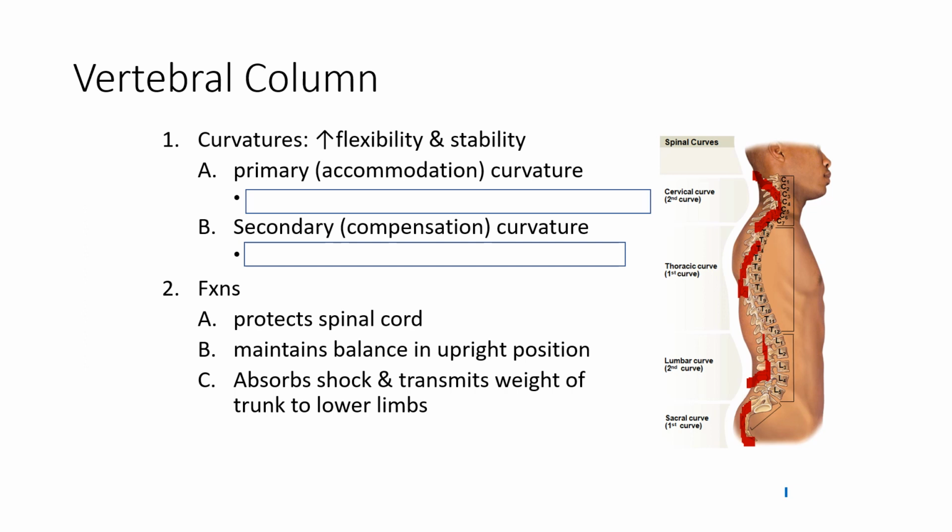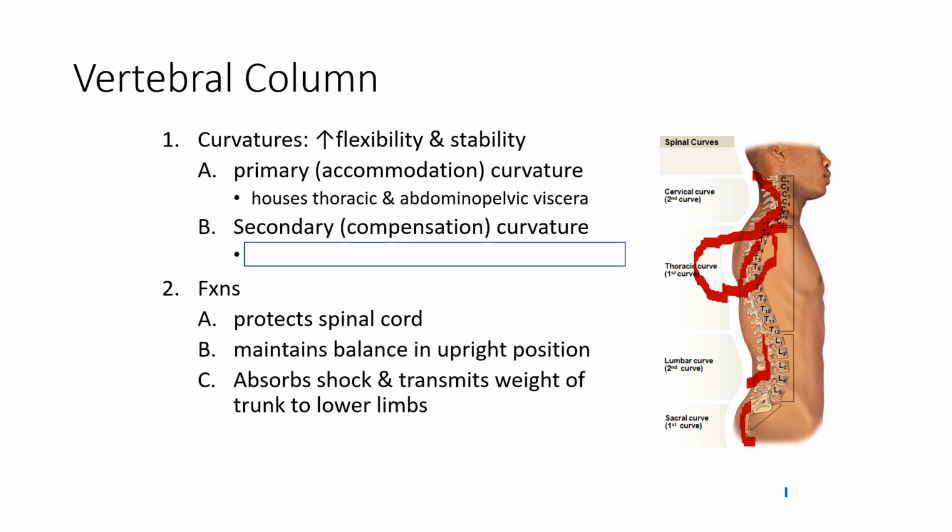The primary curvature includes the thoracic curve and the sacral curve. And the primary curves are present at birth.